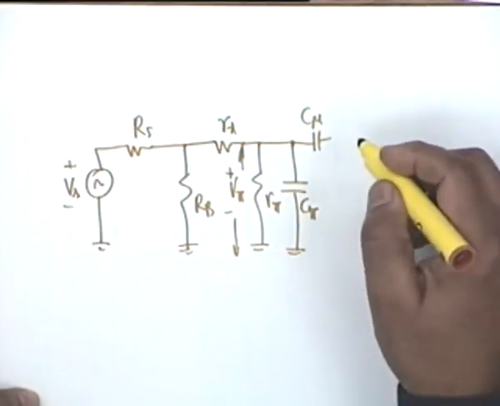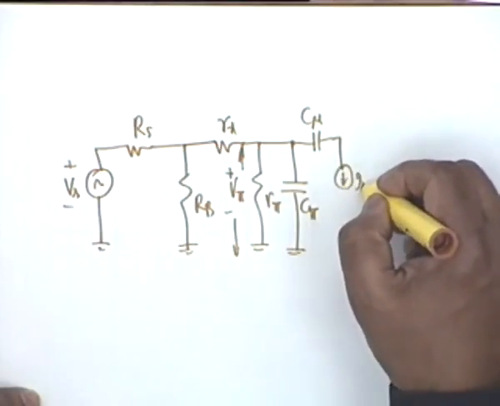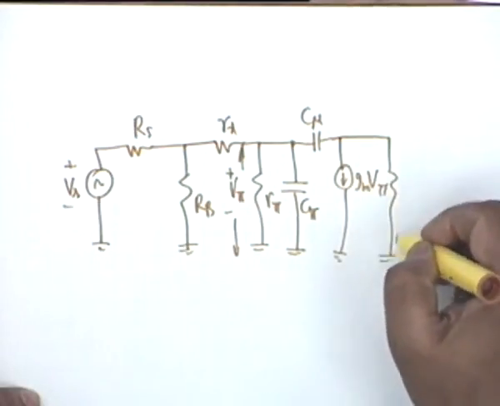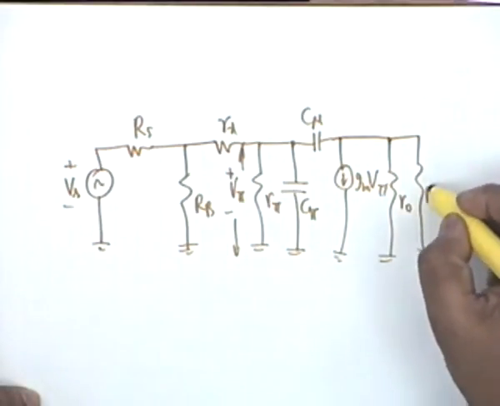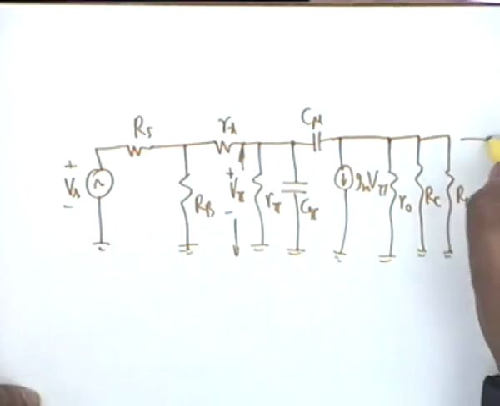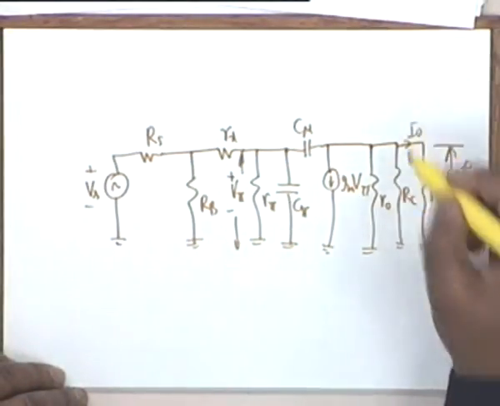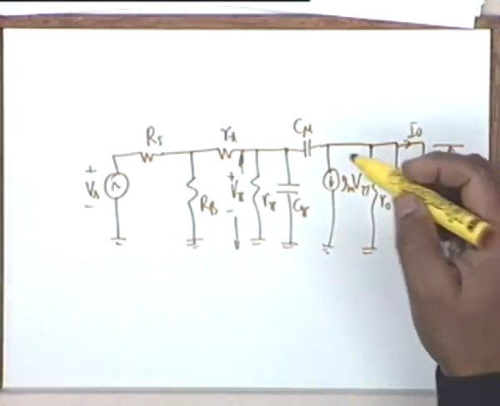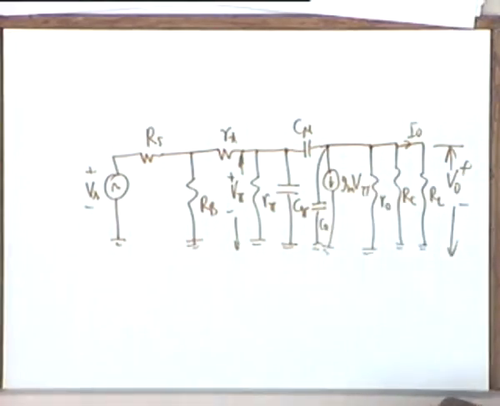For obvious reasons we ignore R mu. Then we have the GM V pi, R0, and we shall have RC and RL all in parallel. This voltage is V0 and this current is I0. Oh, there is a C naught, yes, okay. There is a C naught, yes.